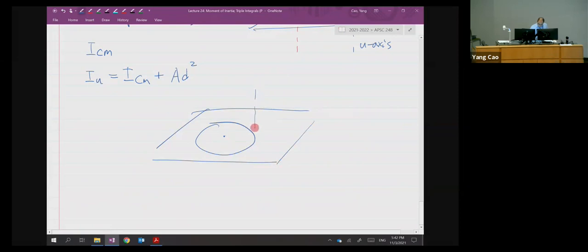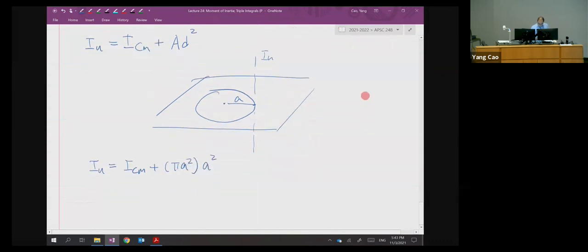Essentially, you have an axis. This is your U axis, and this is your distance. In this case, the distance is the radius a. So if I apply the parallel axis theorem, it's I_CM plus the area, which is pi a squared, times d squared, which is a squared.